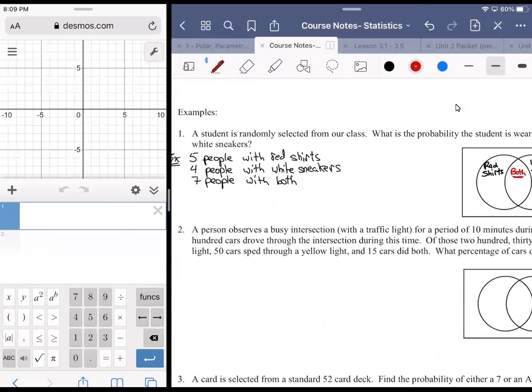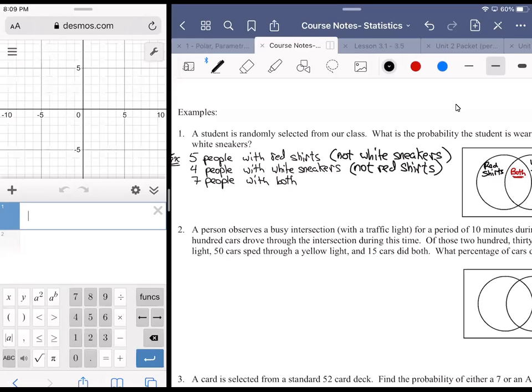So not wearing white sneakers, I'll put that in parentheses. And the ones that are wearing the white sneakers are not wearing red shirts. Maybe they're wearing blue shirts, or there's a nice floral pattern that doesn't include red.